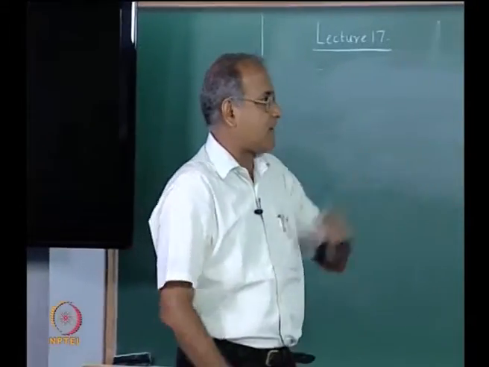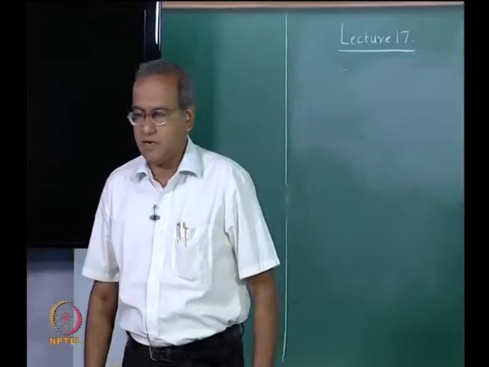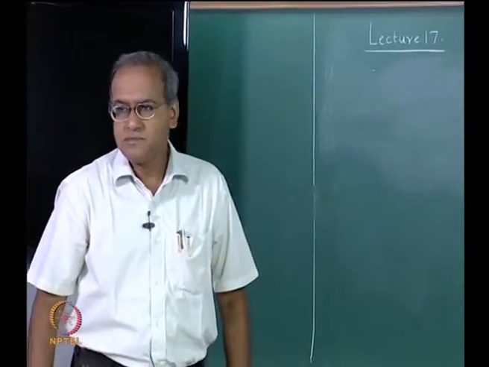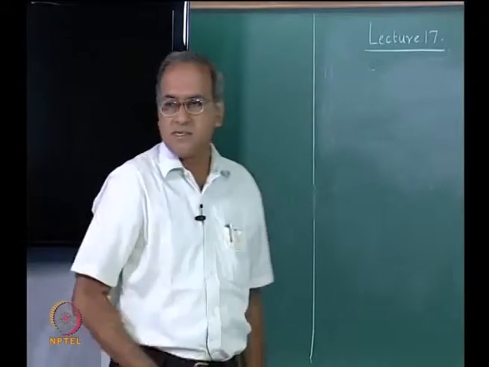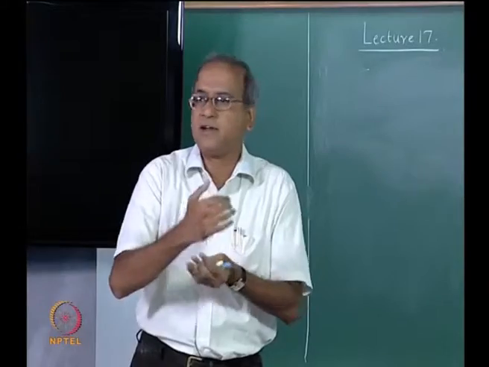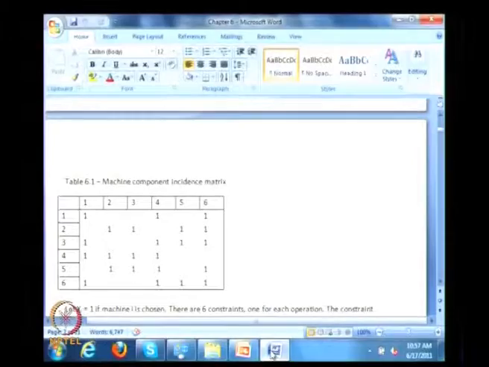Now with this product based cell formation, we will look at some aspects of it. So we are again going to capture it in terms of an incidence matrix to begin with, with a very slight difference. The matrix remains the same, but the way this matrix is to be read is slightly different. Now we are going to assume that there are these 6 operations that are going to be performed.